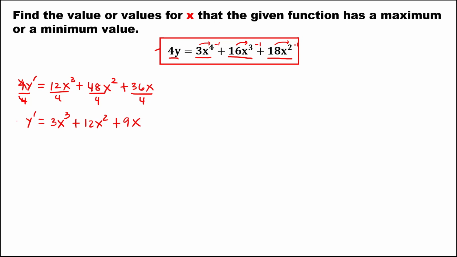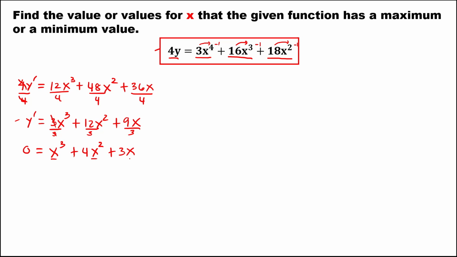Then equate this equation to 0, so we have 0 equals, observe that these numbers are divisible by 3. So this is x to the power 3, then plus 12 divided by 3, this is 4x to the power 2, then plus 9 divided by 3, this is 3x.